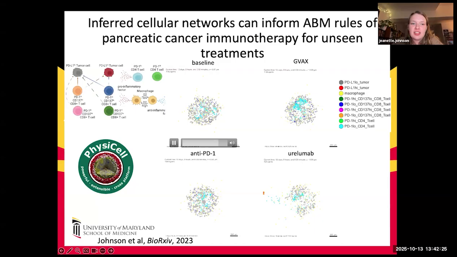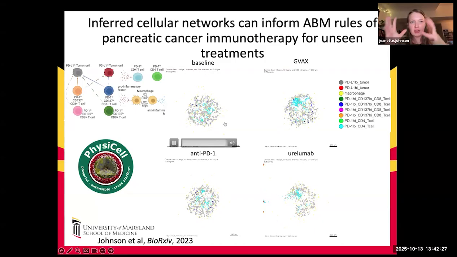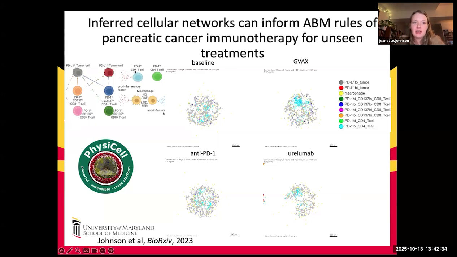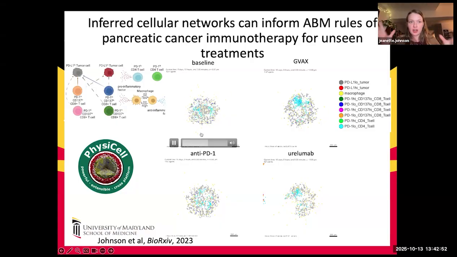So this is for one demultiplexed tissue in the single cell RNA sequencing data set. If I take the T cell counts and proportions and then the tumor proportions and the number of macrophages, and I set up this simulated co-culture experiment, then I have this approximation of what my model predicts could happen in this microenvironment.